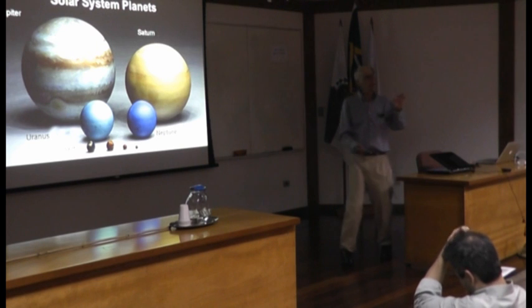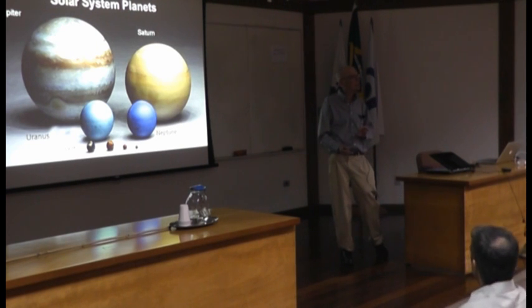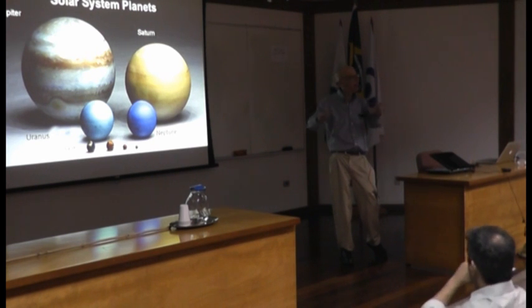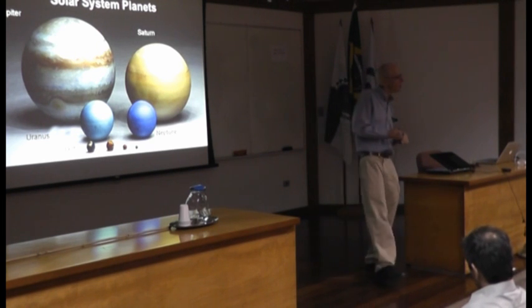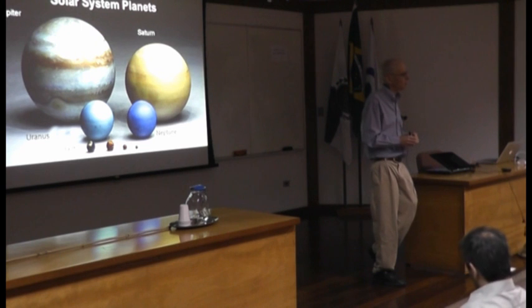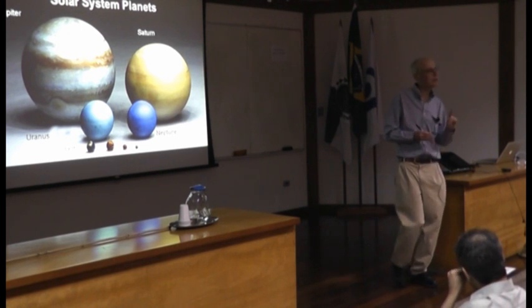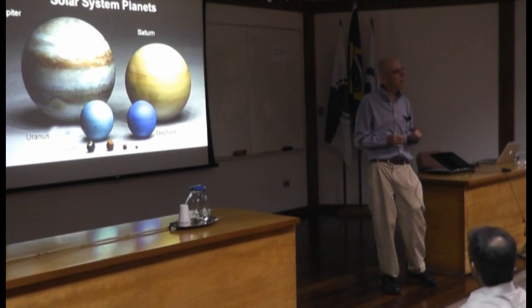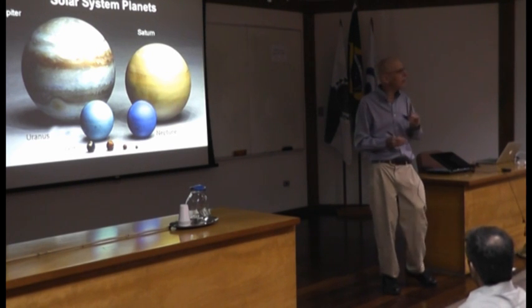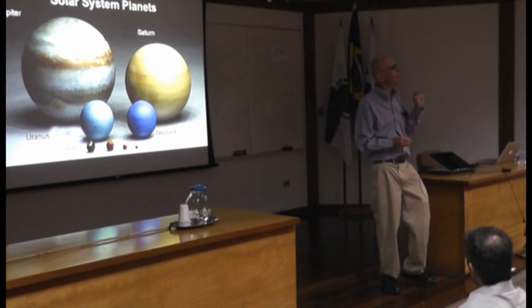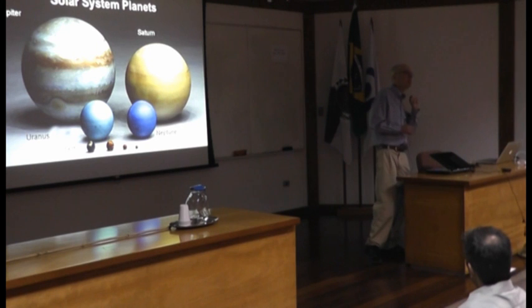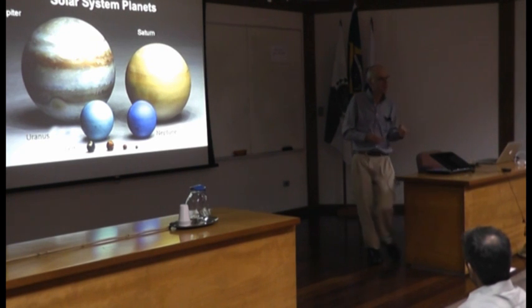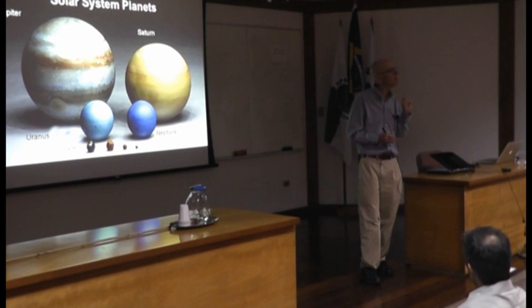We think that the rest of the mass is probably a little more ices than rock, but we really don't have good models. We do have much more information than for exoplanets, though, because we can get not just the mass, but an idea of how the mass is distributed within these planets.